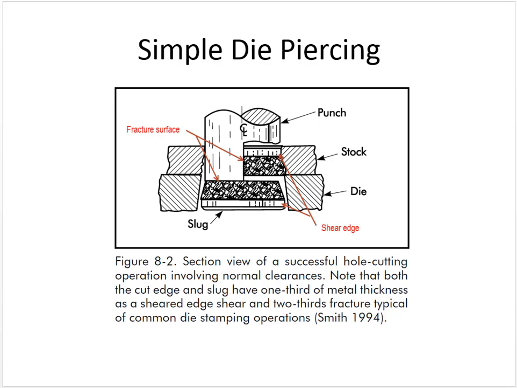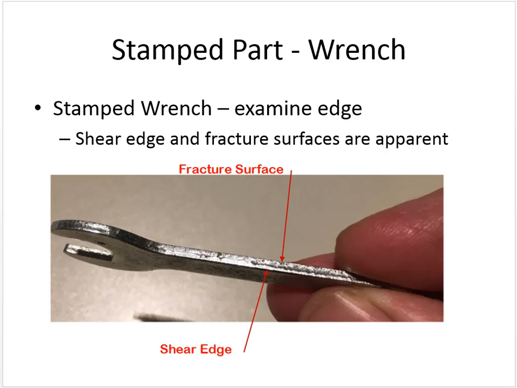In fact, you can see this on any parts or washers. Just take a look at a washer. Right here I've got this little wrench that I found laying around, and obviously it's a stamped part. If you compare that to the previous slide, what we see here is this nice shiny edge. That is the shear edge.